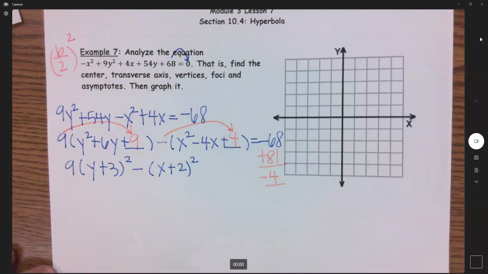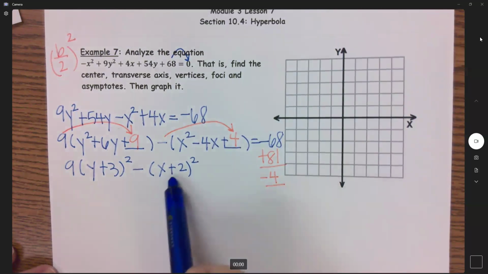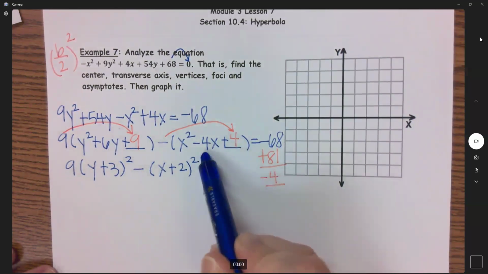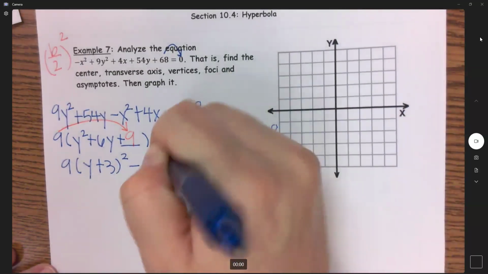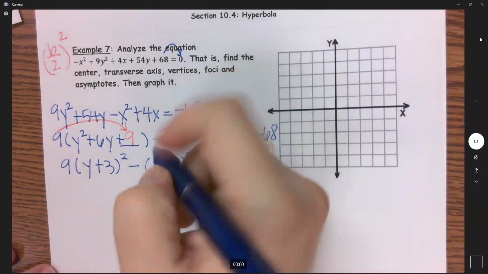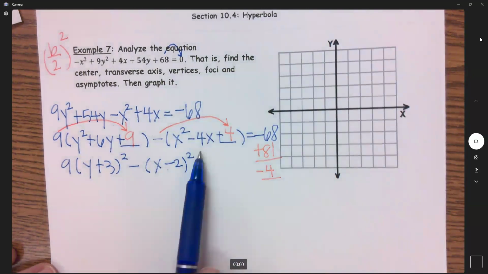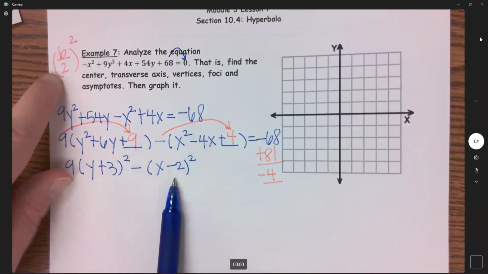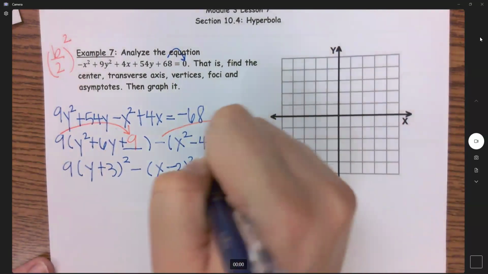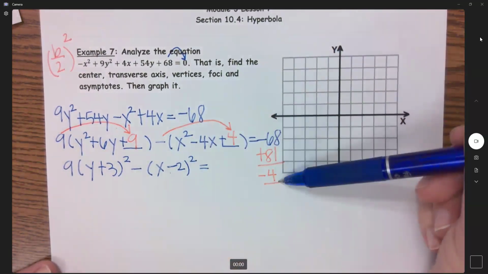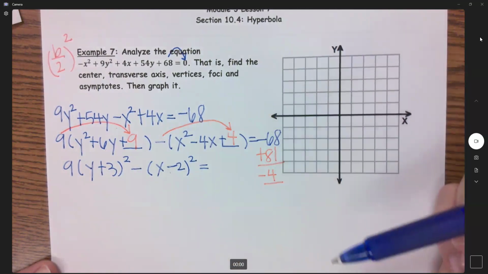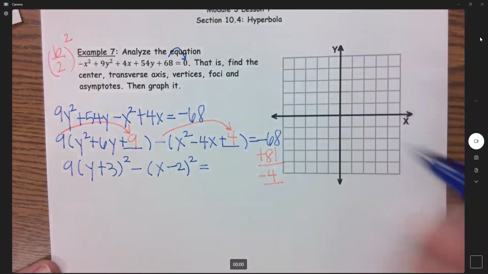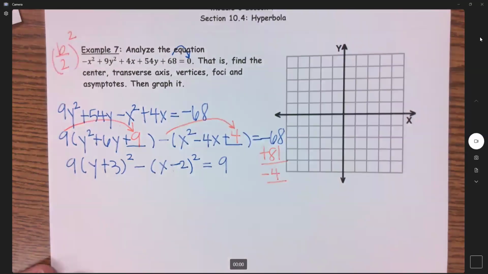What is it? Should be negative 2. So 2 times 2 does multiply to 4, but it adds up to a positive 4. So let's make that a minus 2, which was again what I got when I divided. When I did my b divided by 2, we got negative 2. And then that equals, when we combine all of these together, 9.